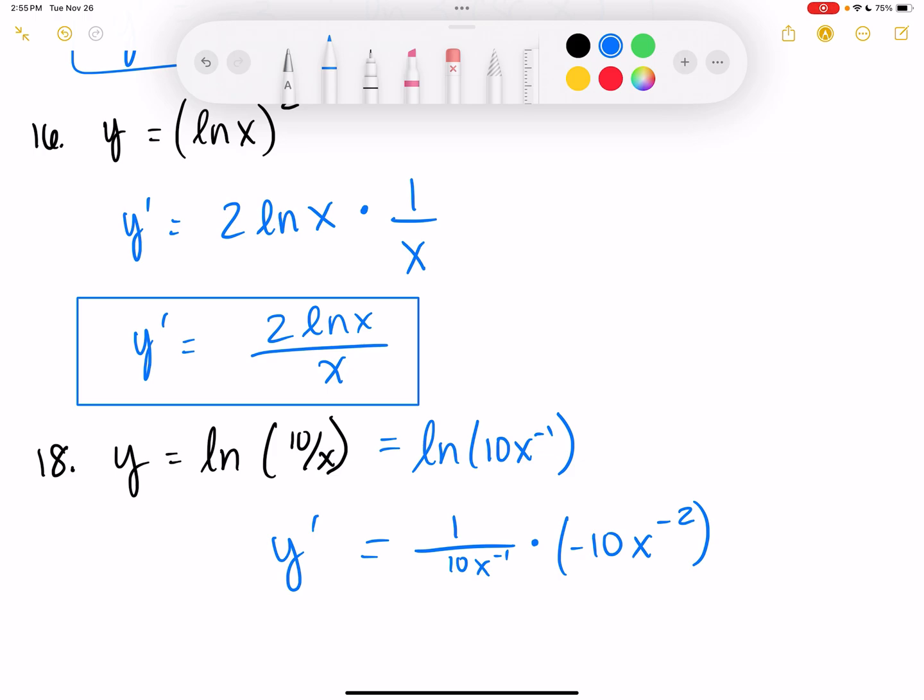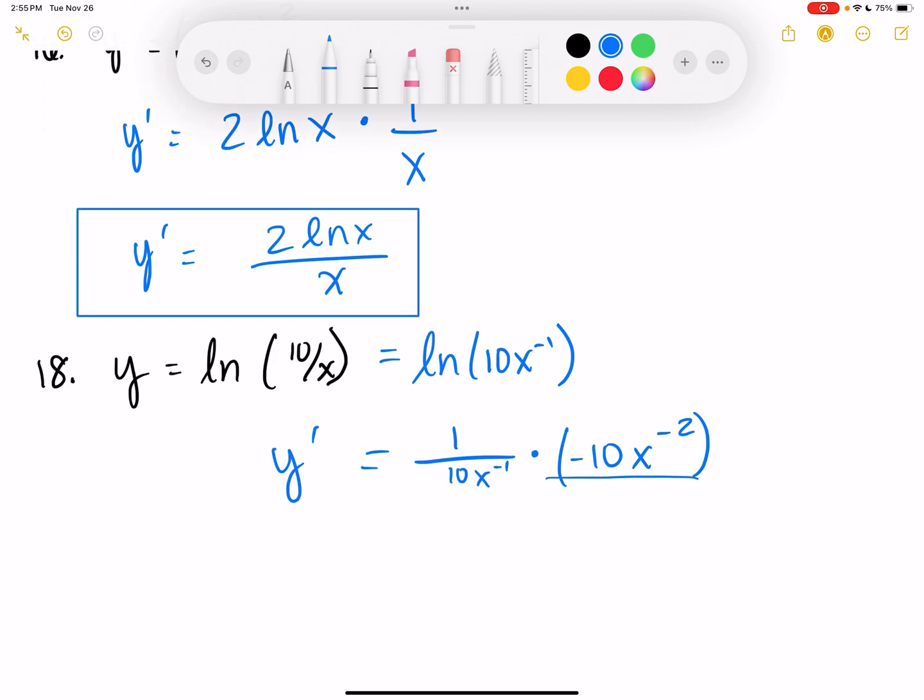So then, keep in mind this is all over 1. So this 10 and this 10 cancel. I have an x to the negative 1 and an x to the negative 2 up here, so what do I need to do? Like flip their spots. Well, I want to write them as one thing, if I can. Any ideas how I would do that?